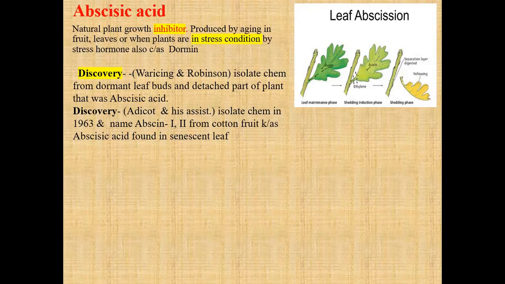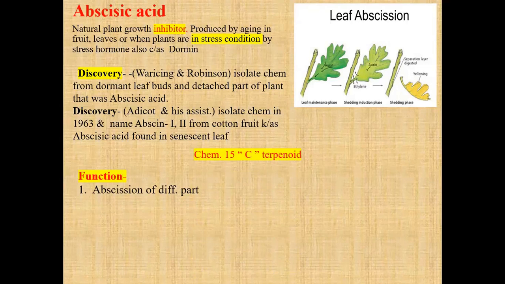Now let's see the functions or applications of this hormone. Chemically, abscisic acid is a terpenoid. Its first function is that it causes abscission of different parts of the plant, such as leaves, flowers and fruits.